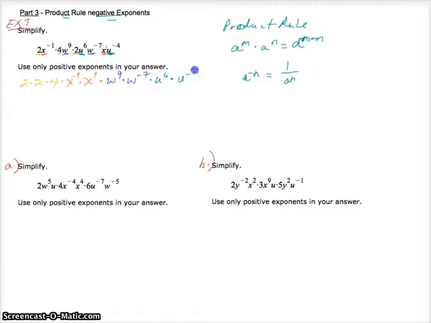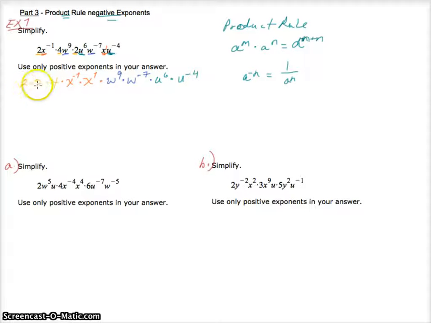Now, my advice for these negative powers is to apply the product rule first to help us from creating any unnecessary flipping due to the negative exponent rule. So always do the product rule first, apply this last.